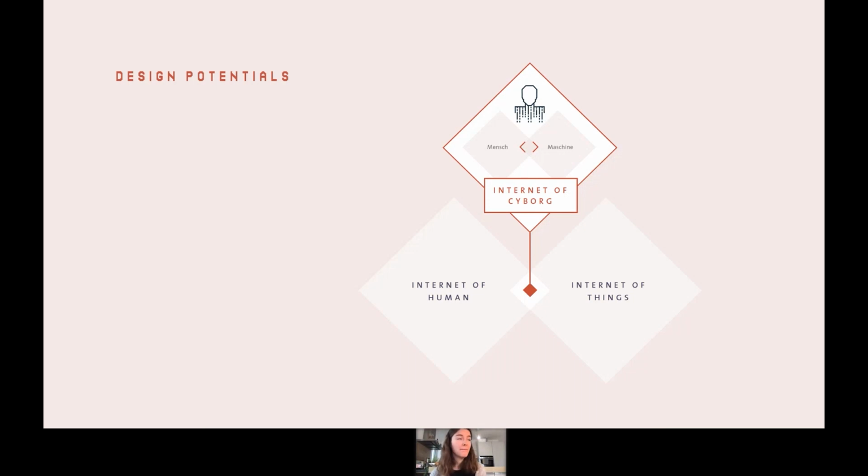When a body becomes more technology-like, it becomes also connected to the environment, and it could become connected to the internet, and that's why it's becoming also part of the internet.